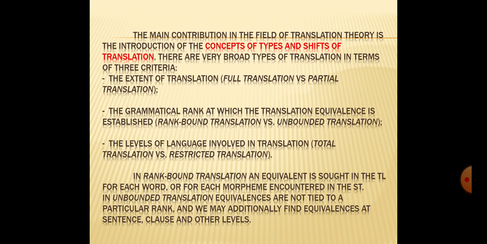The main contribution in the field of translation theory is the introduction of the concepts of types and shifts of translation. There are very broad types of translation in terms of three criteria. The extent of translation, that is, full translation and partial translation.